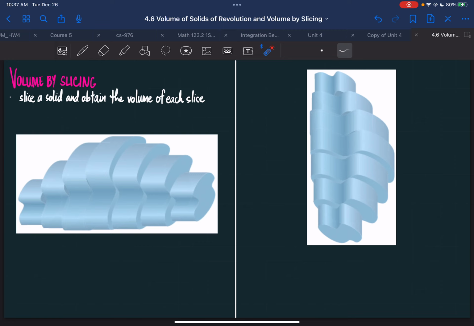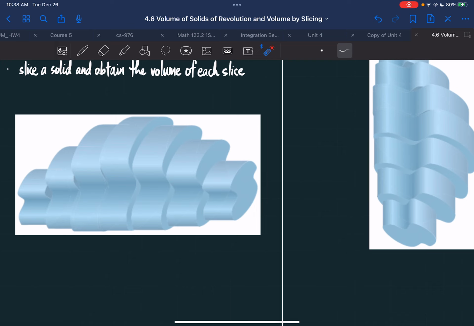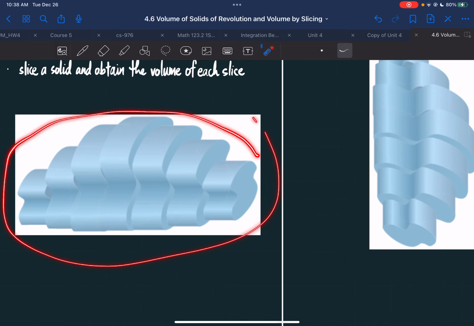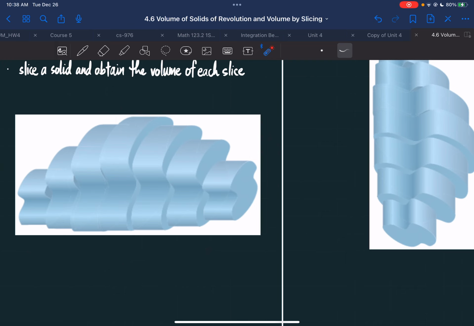For this one, we will consider an arbitrary solid and let's try to identify its volume. So consider this solid right here. One method that we can do is slice a solid and obtain the volume of each slice.